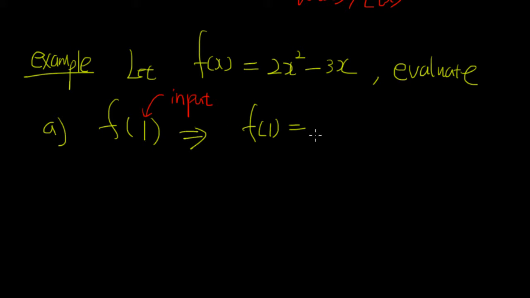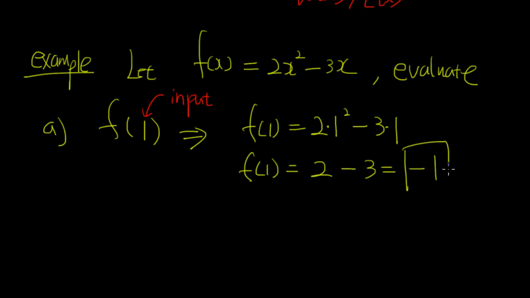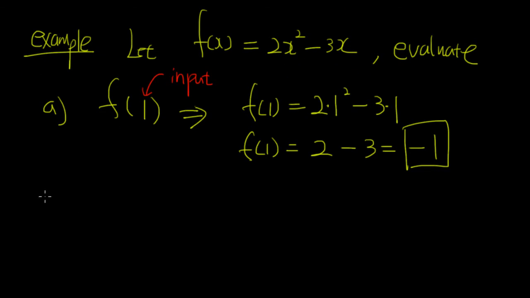It'll be 2 times 1 squared minus 3 times 1. So f of 1 is 2 times 1 squared, which is just 1, so 2 minus 3, which is minus 1. That's our answer. Not too bad, right?